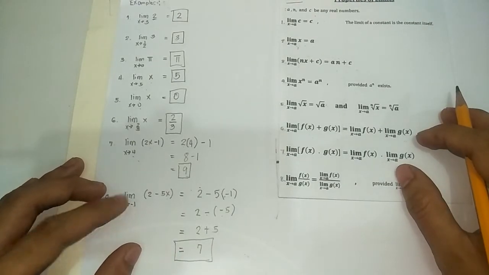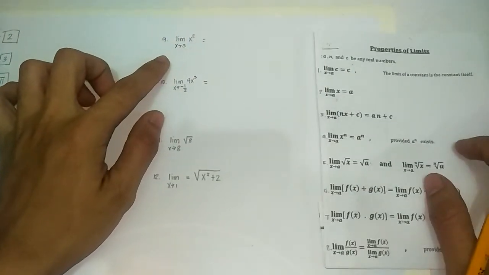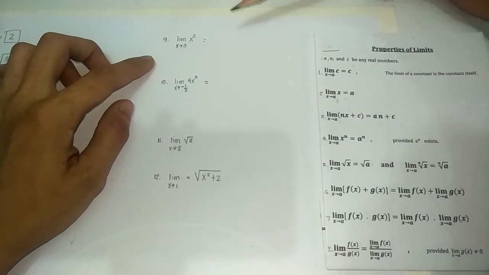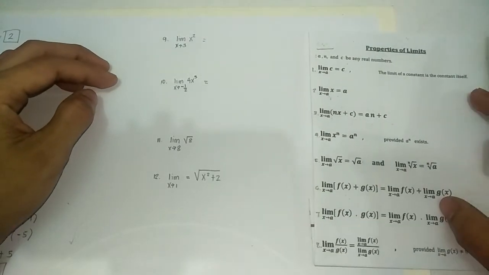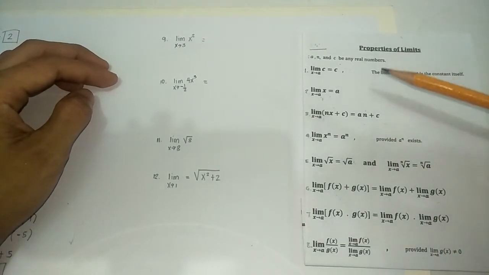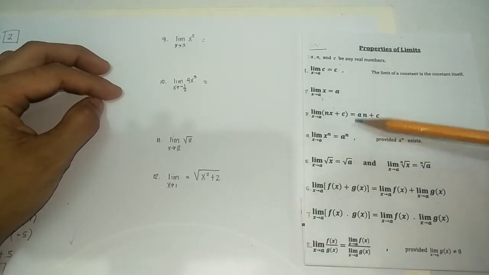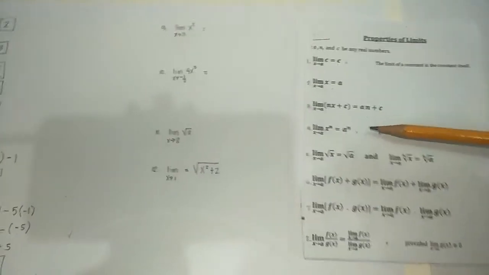Okay. Let us proceed to example number 9. In example number 9, we have the limit of x to the power of 2 where x approaches 3. That would be based on the property number 4, wherein the limit of x to the power of n where x approaches a is equal to a to the power of n.